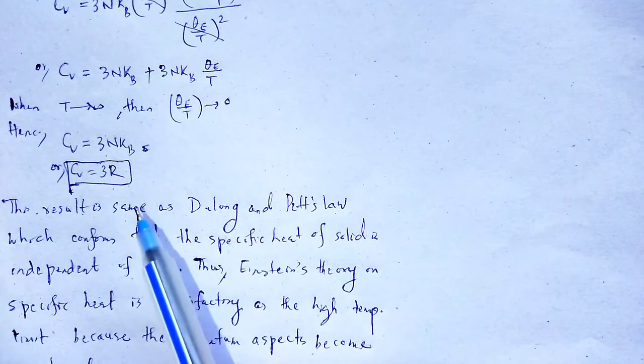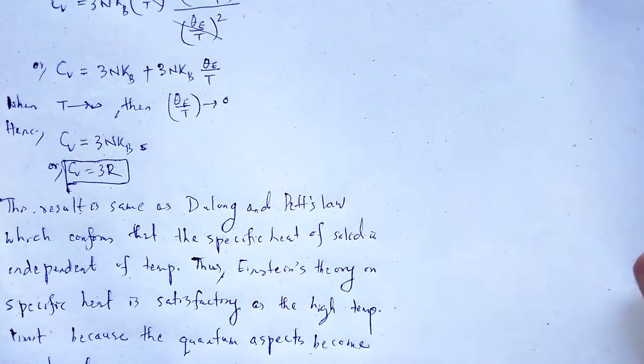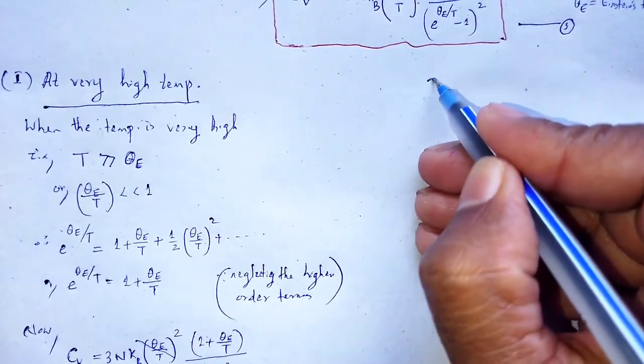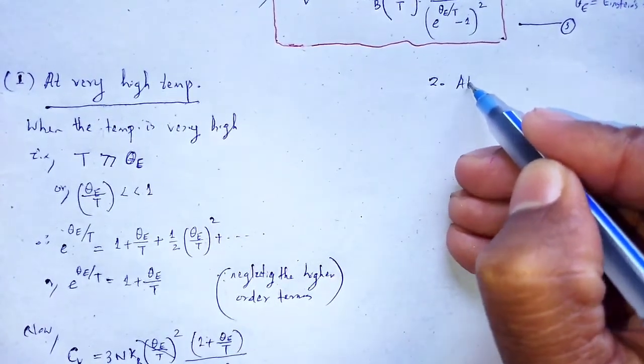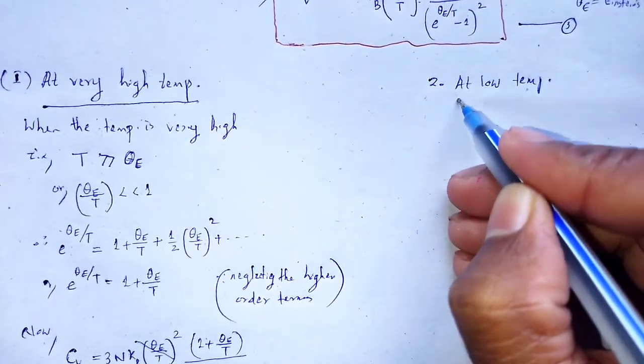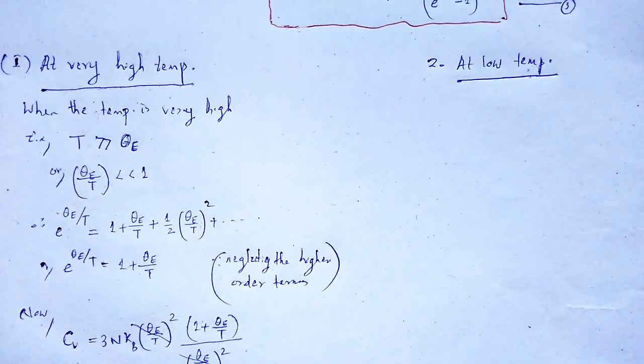Now, at high temperature it confirms the specific heat will be constant, but then what happened at low temperature? At low temperature, what will be the situation?